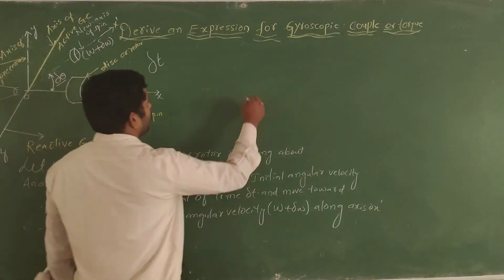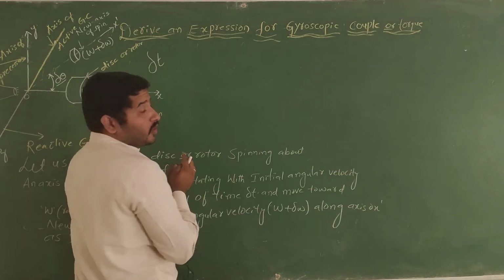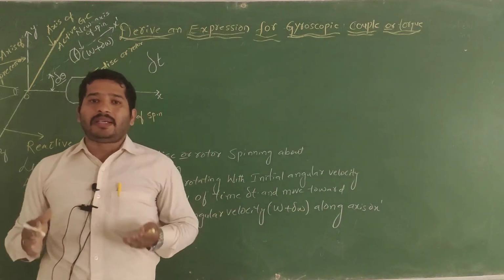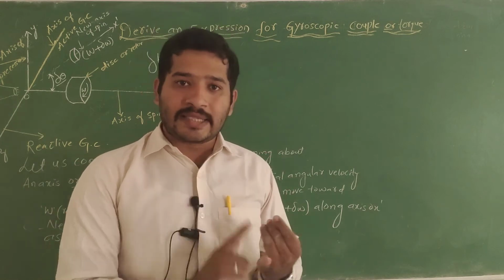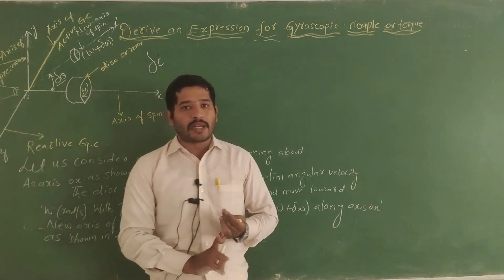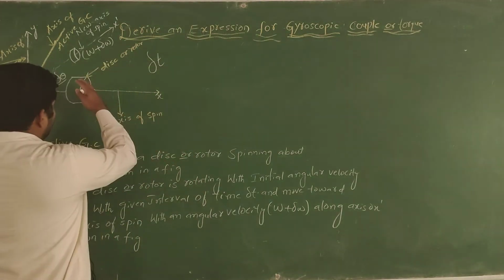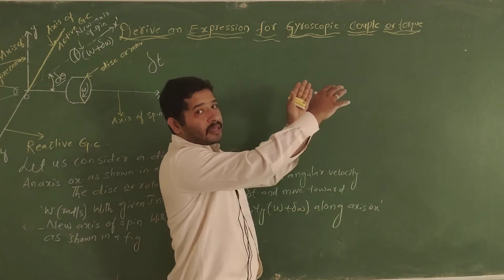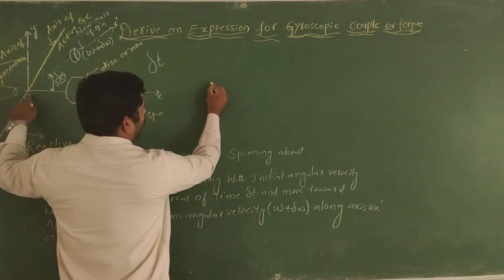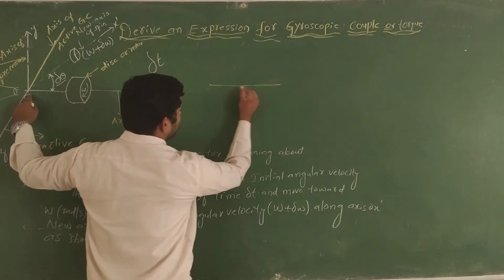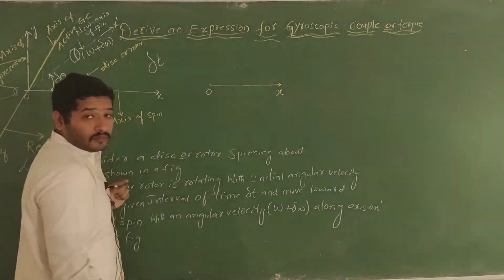Okay, the rotor, the initial angular velocity. First of all, the main intention is we need to find the change of angular acceleration in the x direction and the change of angular acceleration in the y direction, and the same figure we need to represent by a vector diagram. Let us see, the origin point is O, direction is x.